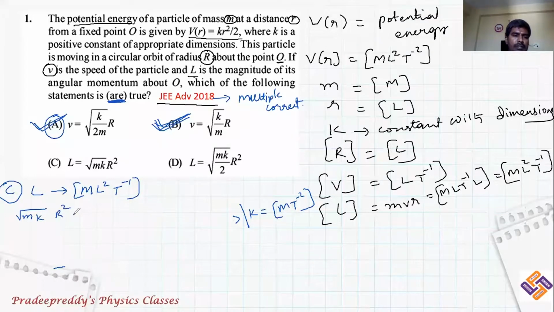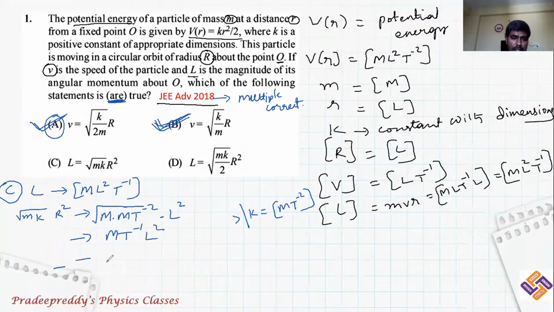So this is m under root capital M. K has dimensions m T power minus 2 into r square. R is L square. This is m into m square T power minus 2, that is m T power minus 1 into L square.